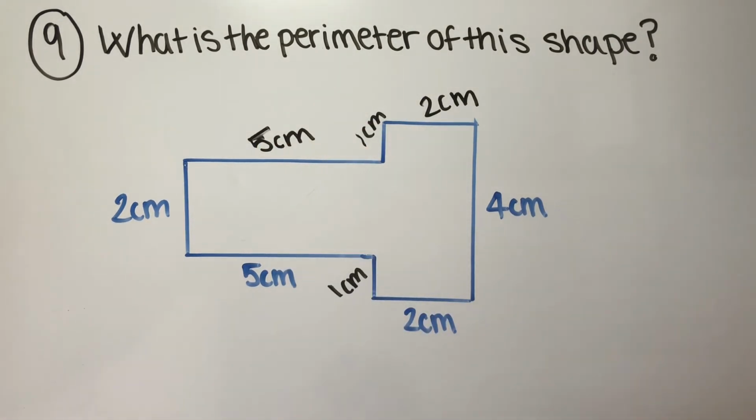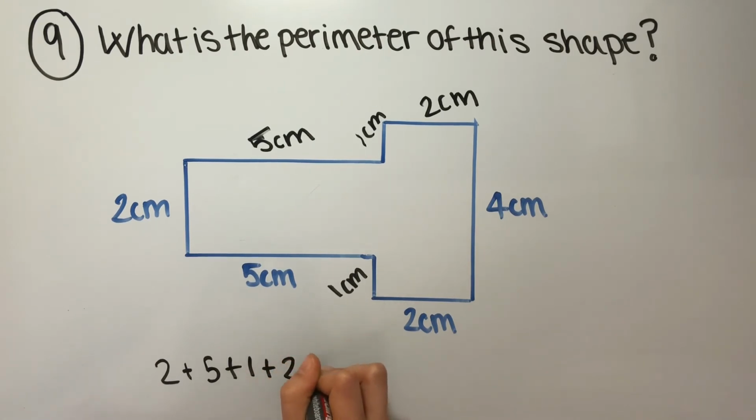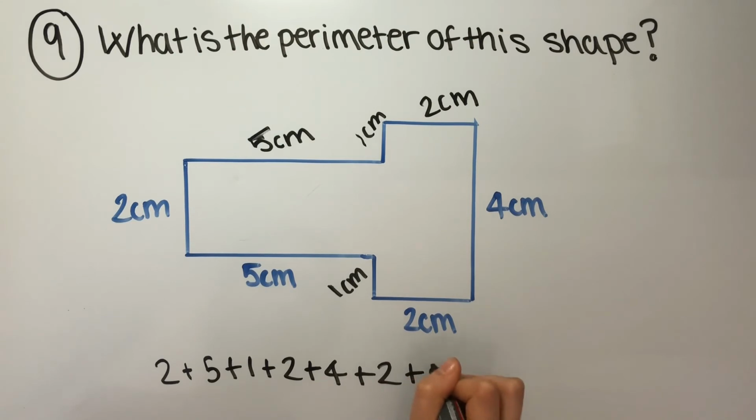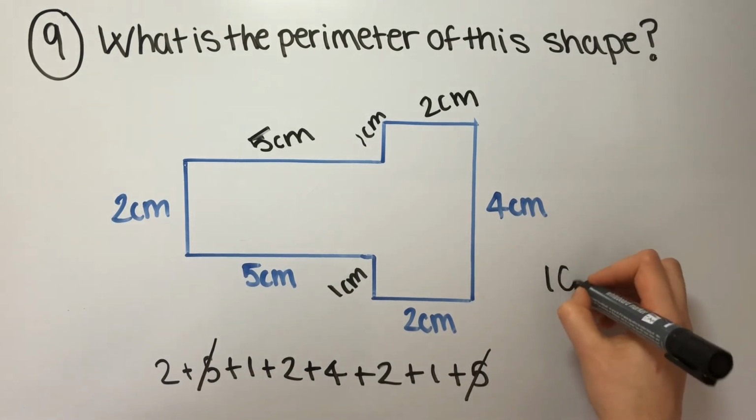Now all we have to do is add them all together. 2 plus 5 plus 1 plus 2 plus 4 plus 2 plus 1 plus 5. We've got 5 and 5, that gives us 10.